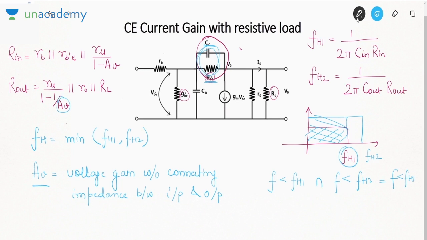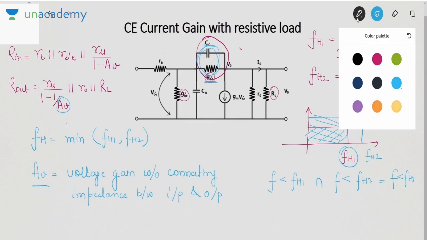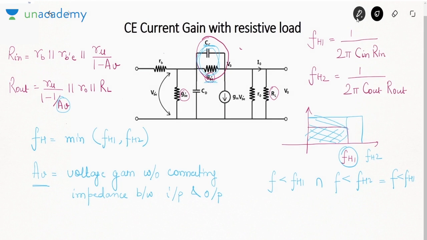So you have to use the voltage gain derived without the impedance between input and output. So how will you do that? You will remove this impedance, then this will be a simple circuit. Find the voltage gain, and that voltage gain will be used in Miller's theorem. Okay, so is my point clear? We have to use the gain in Miller's theorem which is derived by removing the impedance connected between the two ports.